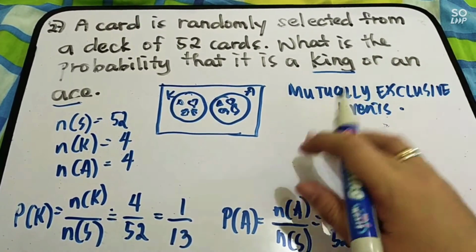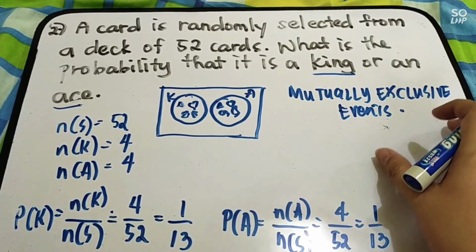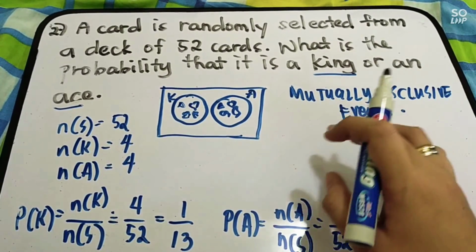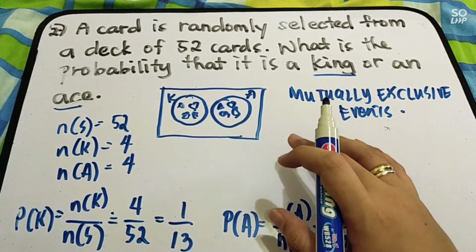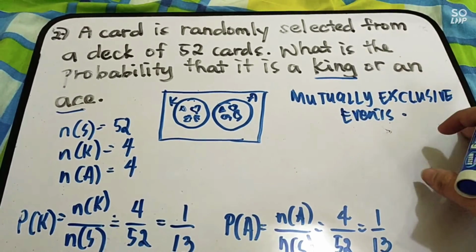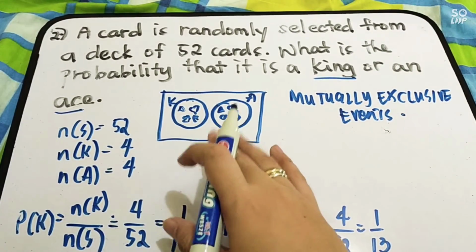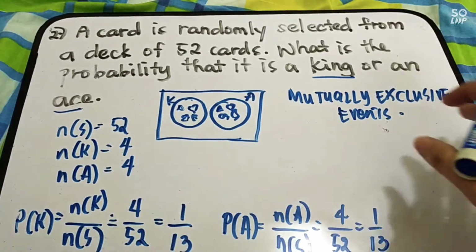Okay? So, walang intersection na nangyari. So, this one is mutually exclusive events. Yung number 1 natin, ang tawag sa kanya ay not mutually exclusive. Ito naman, mutually exclusive kasi there is no intersection within the two events.